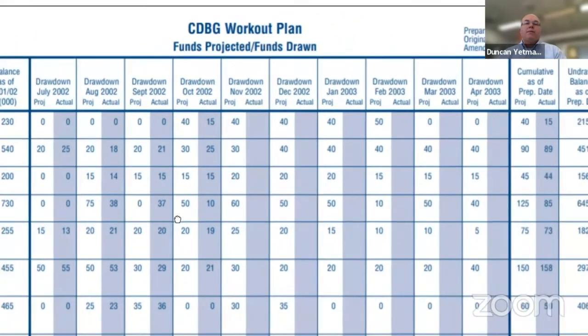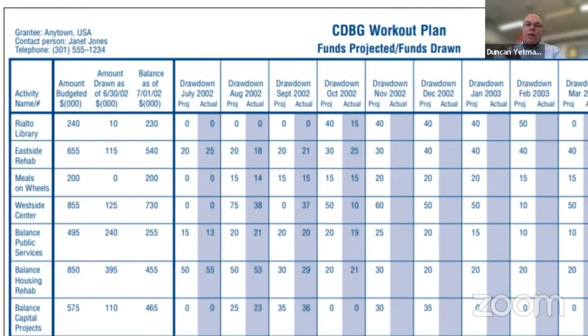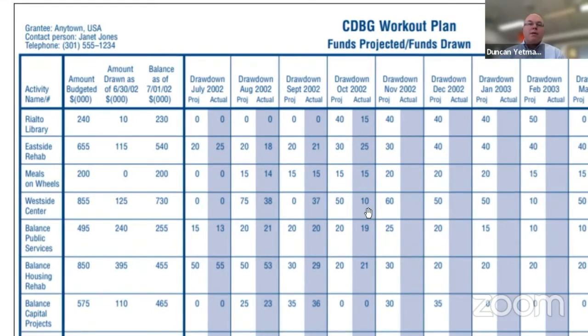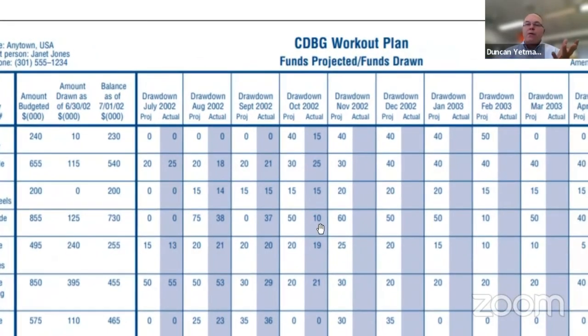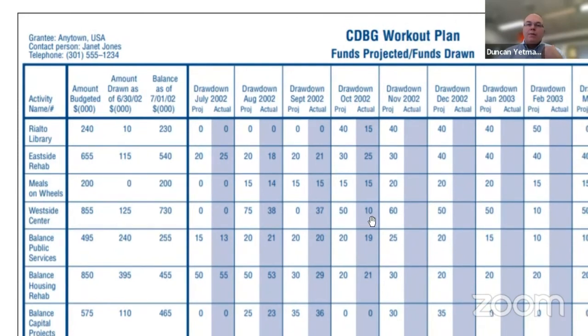This is set up on a monthly basis, as you can see. You might set yours up on a quarterly basis, especially if you want to show all on one sheet how you're going to meet the requirement within 3 years or 6 years time. Or you might even want to set up one with just 6 columns or semi-annually. However you do it, it's going to be easier for you.